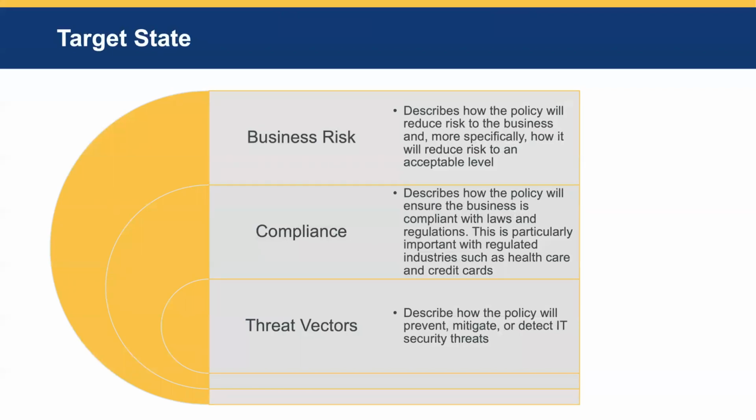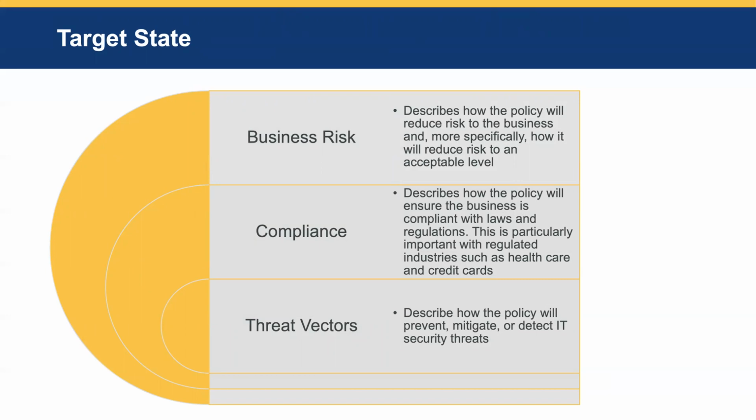And so we want to keep in mind with the target state, understanding those appropriate business risks that can affect it. The business risks are going to be described as how the policy will reduce the risk to the business, and more specifically, how it will reduce risk to an acceptable level. Compliance needs to have a policy in place that ensures that the business is compliant with laws and regulations.